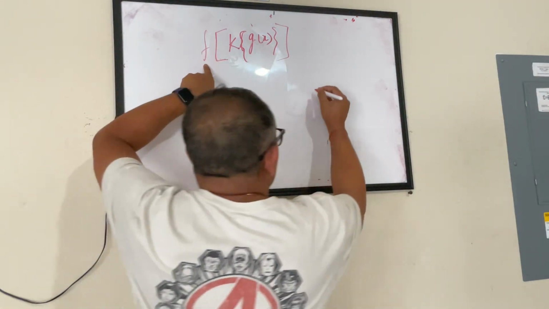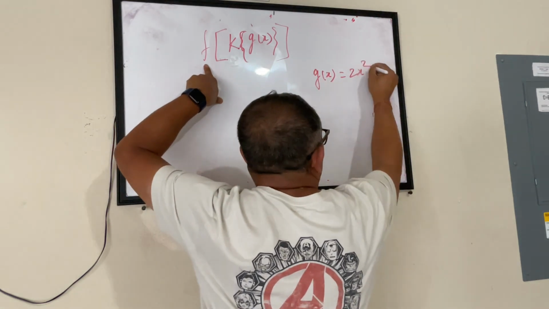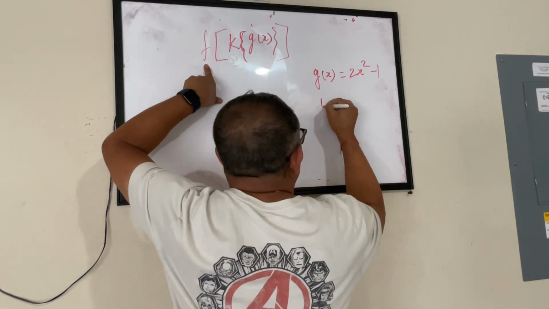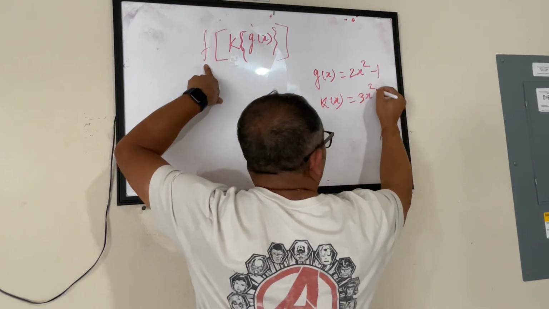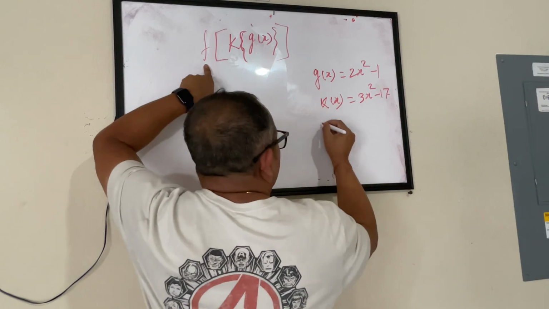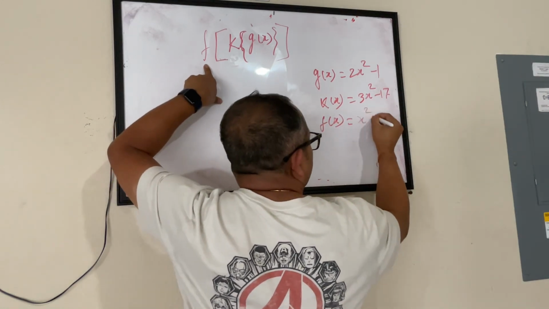And then you will be given, okay fine, g of x equals, let's say, 2x squared minus 1. k of x is, let's say, 3x minus 17. And f of x equals, let's say, x squared minus 24.